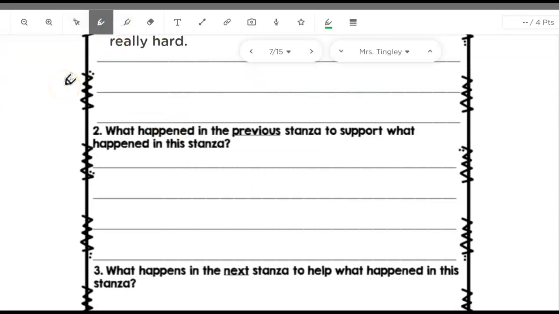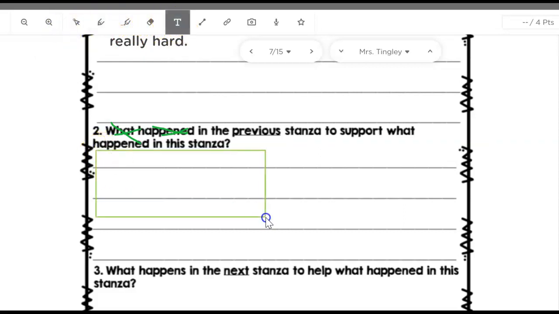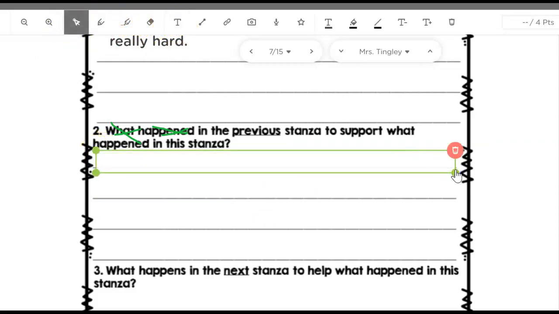Let's cross out the question words. What happened? Grab your text tool. In the previous stanza, the author, we'll say this, used, what's that sound? What are sound words called?